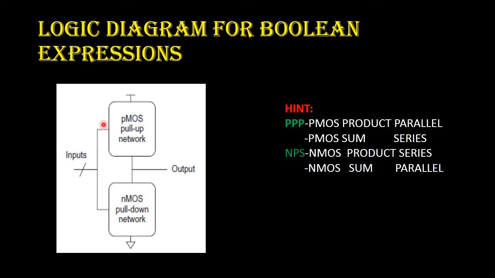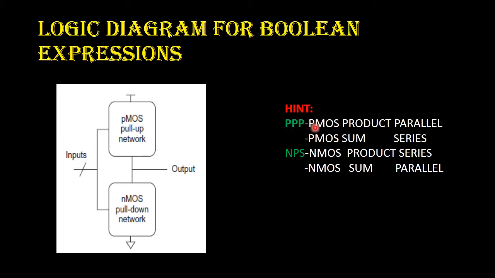Always remember, the PMOS network is called the pull up network and the NMOS network is called the pull down network. Then for both networks you will be giving the same input, and combining that you will be getting the output. The important thing we have to remember is this triple P. Either we can remember triple P or NPS, but simple is triple P.